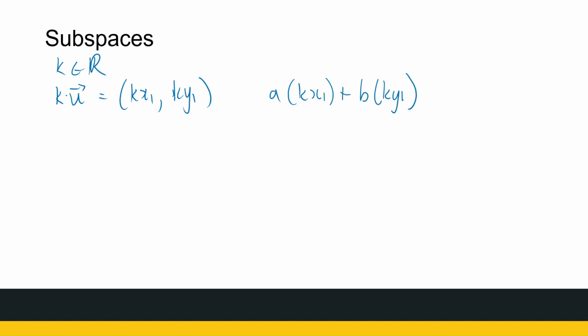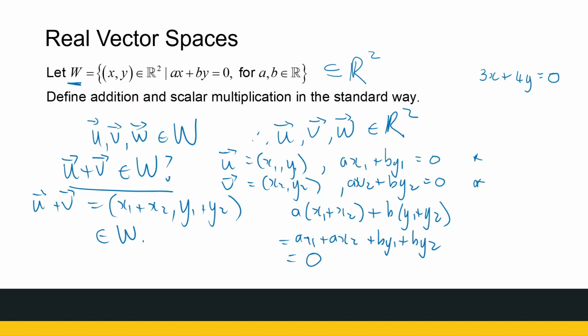I want that to be 0. But let's see what it is. Well, we can take k out. Multiplication is associative and commutative, so that's k(ax1 + by1). So it's k times 0, which is 0. So that is again in W. So this set W is closed under scalar multiplication, and it's closed under vector addition.